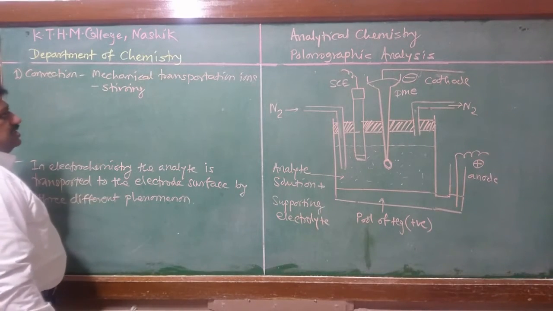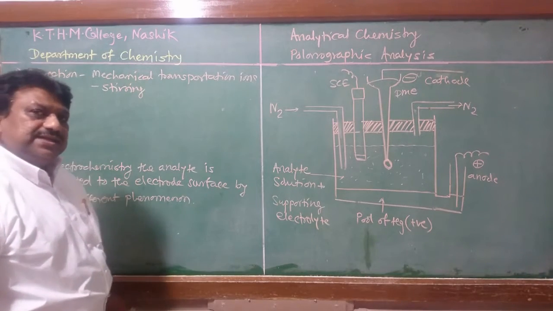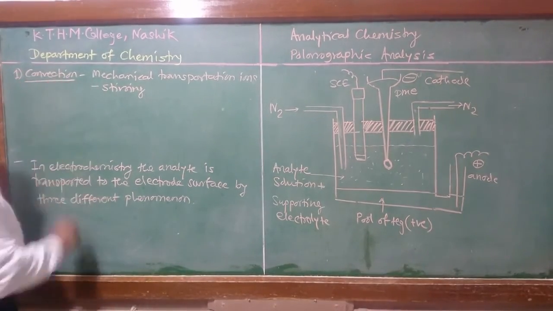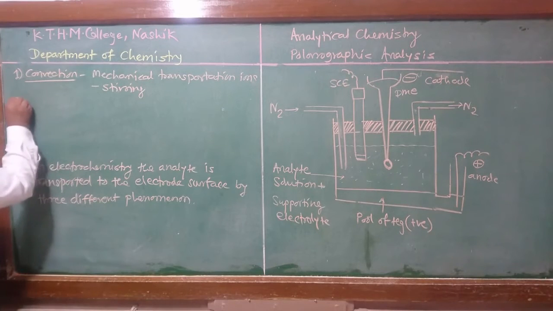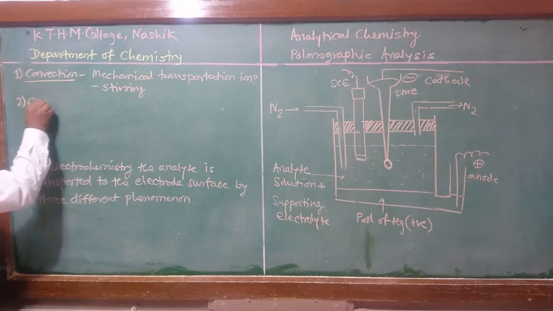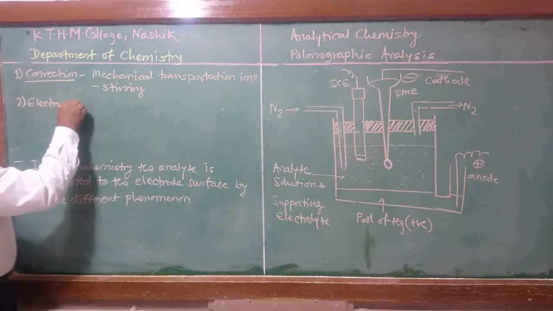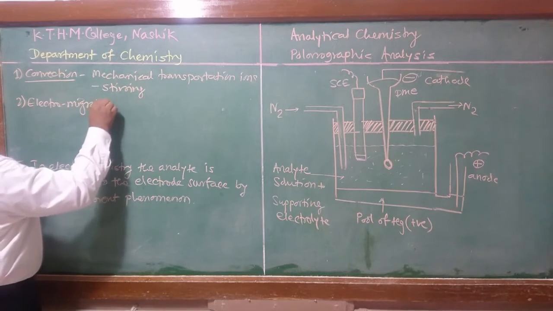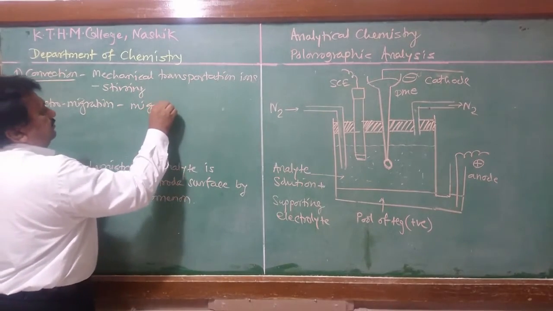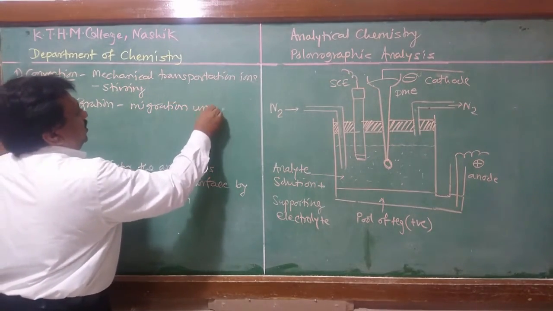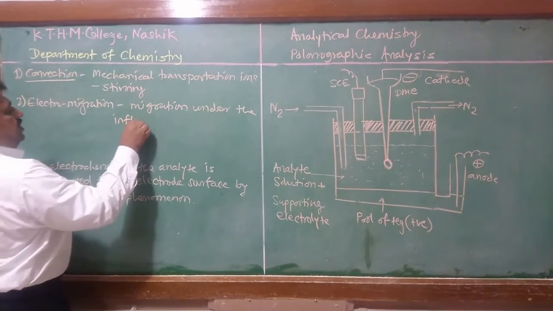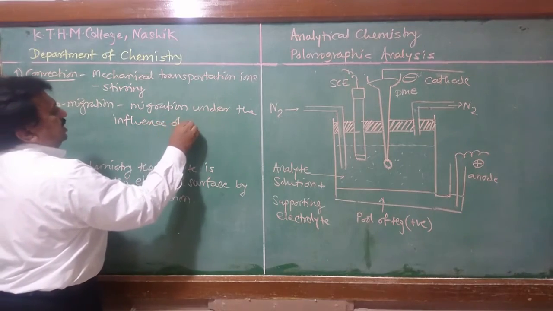At that time, these ions are mechanically transported to the electrode surface, and that phenomenon is called convection. The second phenomenon is called electromigration, that is, migration under the influence of an electric field.